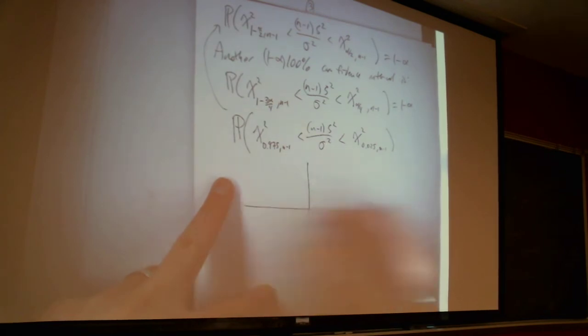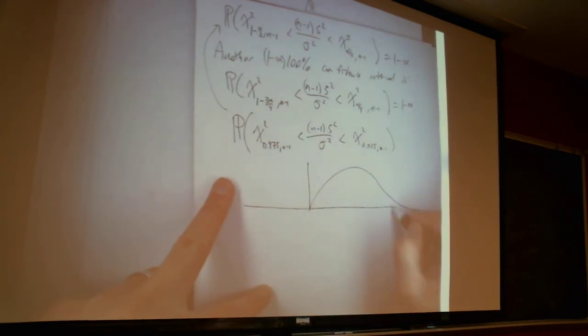So let's look at what that's actually saying. Let's pretend this is my chi-squared density. It's clear what this one's doing. Wherever this number is, let's just call it chi-squared 0.025 with this number of degrees of freedom, I want this mass to be 0.025.